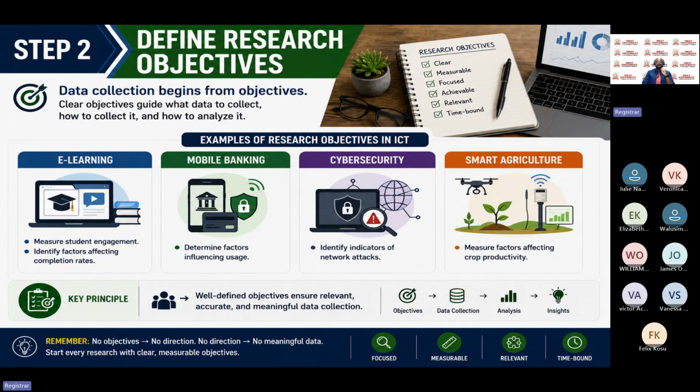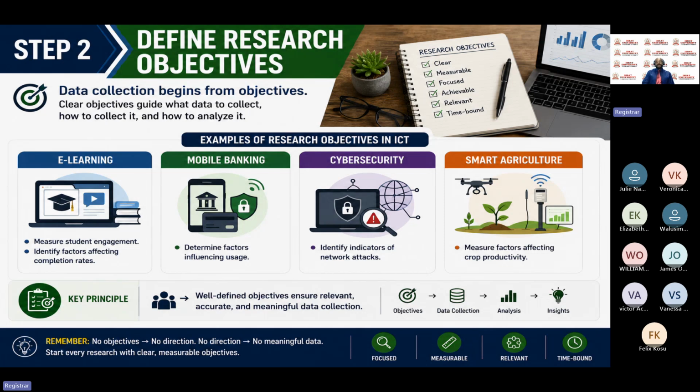A well-defined objective ensures what relevant data is to be collected, how much accuracy is required, and how meaningful data collection can be done. Without objectives, proper data collection will not happen. If there is no proper data collection, in analysis you won't get proper insight. You are doing research, but it is not connected.